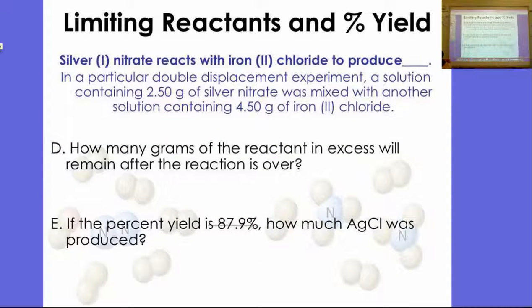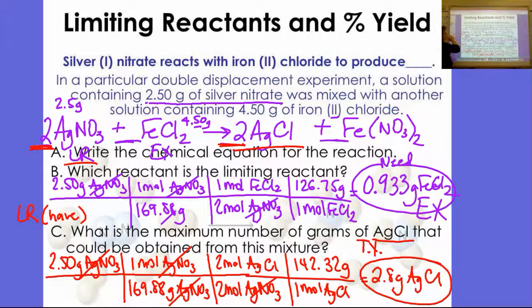Part D, how many grams of the reactant in excess? Again, excess equals how much I have minus how much I need. This time I did the right calculation because I figured out that iron chloride was my excess. It says I have 4.50 grams.